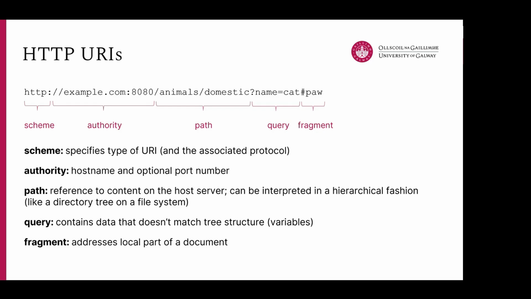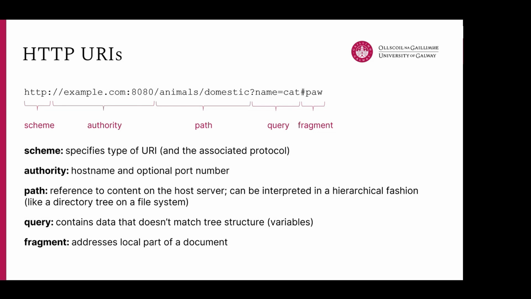So animals is a top folder, and then inside it you have a folder domestic. So it's a hierarchy. And then after the path, you can have optional bits. So everything up to the path is obligatory, except the port, right? So you have to have the scheme, authority, and path.